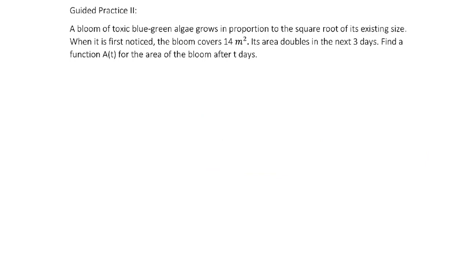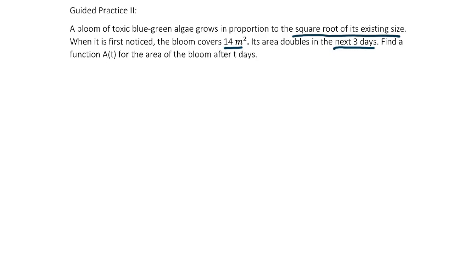Guided practice 2. A bloom of toxic blue-green algae grows proportional to the square root of its existing size. When it's first noticed, the bloom covers 14 square meters. Its area doubles in the next 3 days. Find the function of t for the area of the bloom after t days.